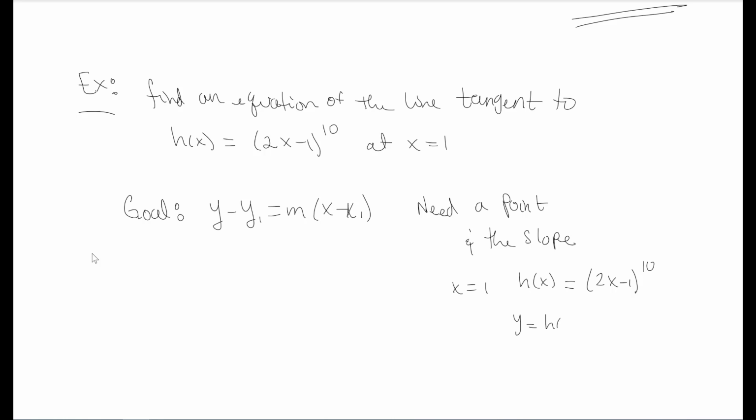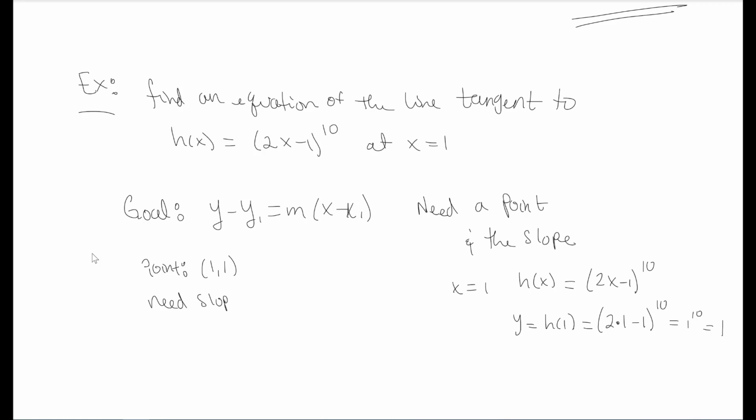Y is equal to h of 1. So plug in 1. So you're going to have 2 times 1 minus 1 to the 10th. 2 times 1 is 2, minus 1 is 1. So you get 1 to the 10th, which is 1. So the point is 1, 1.